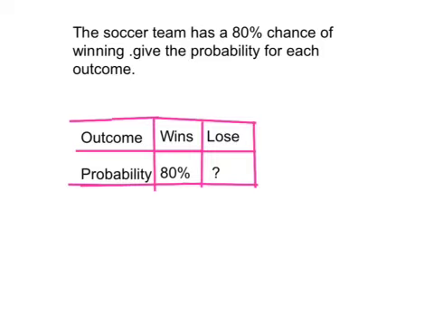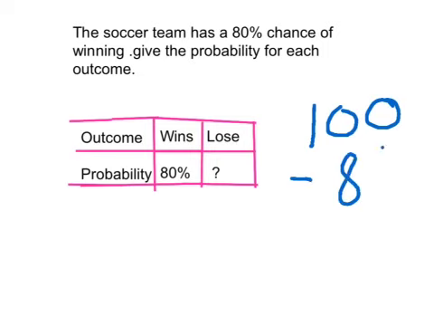The soccer team has an 80% chance of winning. Give the probability for each outcome. If the probability of winning is 80%, you would have to find the probability of losing. So you would take 100 and subtract 80 from that, which gives you 20.